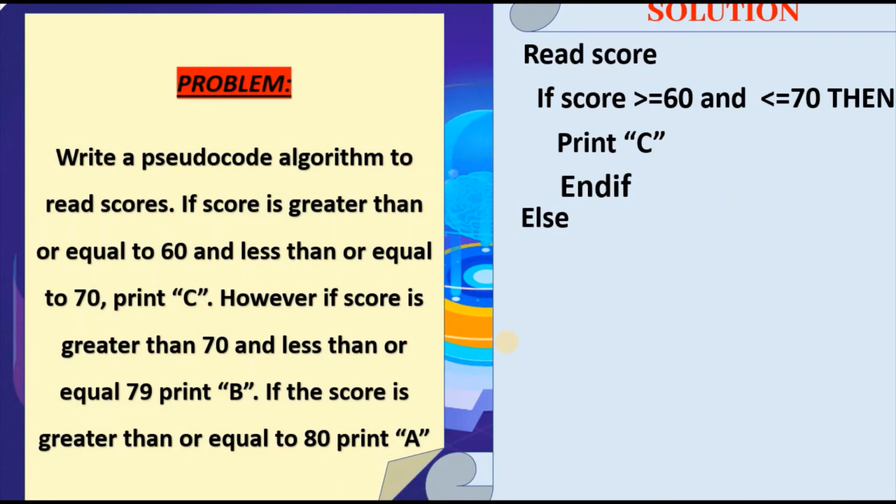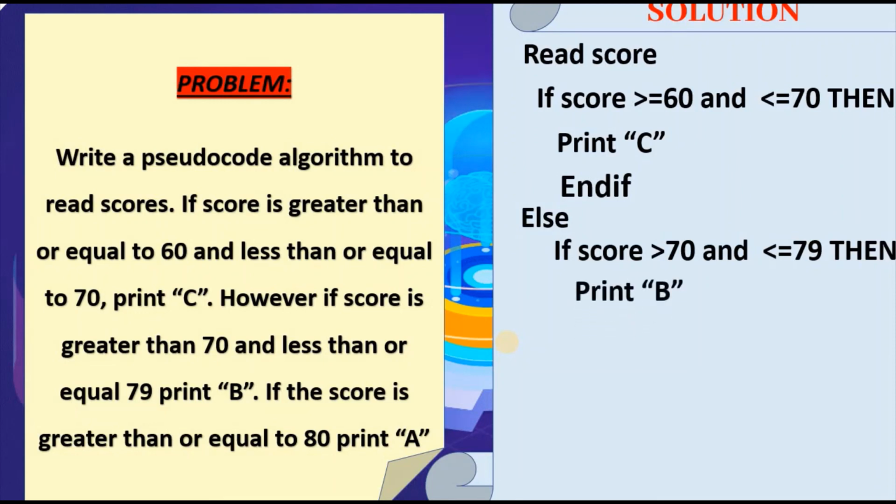The second part states if the score is greater than 70, while at the same time less than or equal to 79, we would print B. So it would show us this if the score is greater than 70 and at the same time less than or equal to 79, with our keyword then, what would happen? They told us to print the letter B, and that's exactly what we did here.